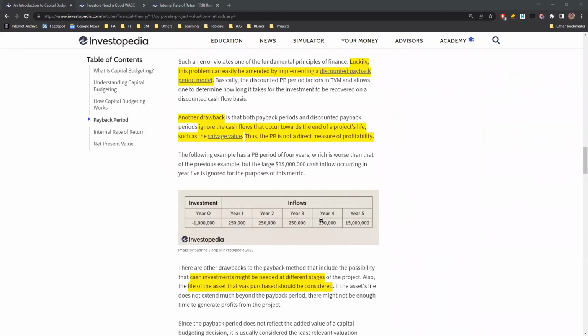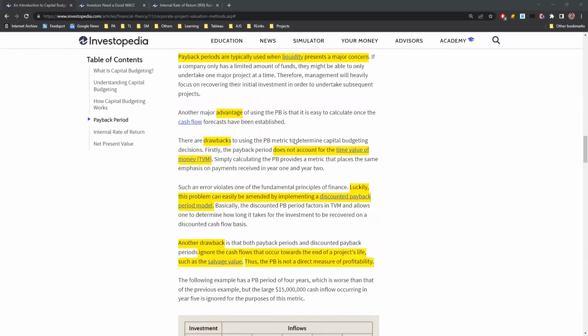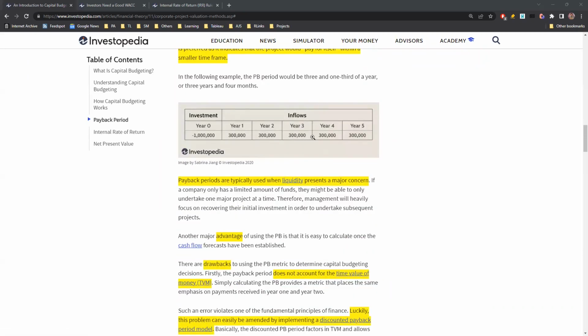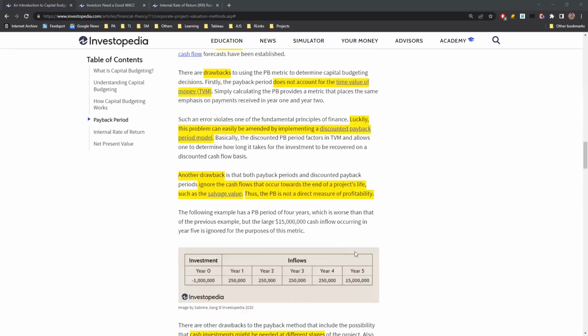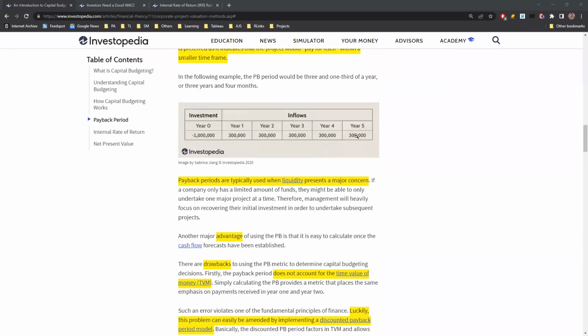Look at this one here. They've invested $1 million at year 0, and they are getting 250 until year 4. If you compare this inflow with the previous one, the previous one takes about 3 years 4 months to recover the initial money, and this particular project takes about 4 years. But if you look after the payback period, in year 4 and year 5, here we are making about 500,000 additional value.